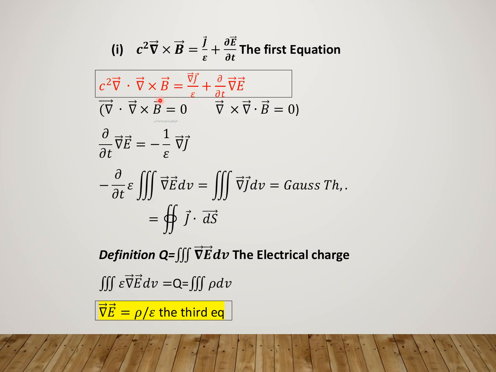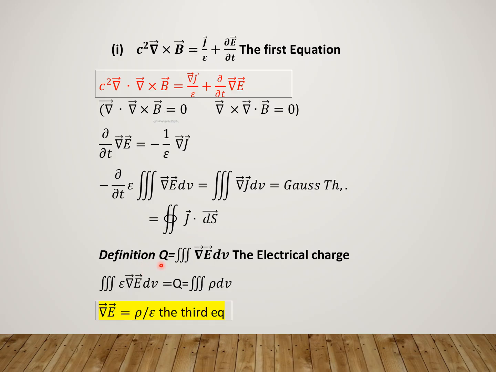Therefore, the left hand side is 0, and from the right hand side we get this expression. If we integrate this expression, we finally have this volume integral, and with the aid of Gauss theorem, this volume integral is transformed to this closed surface integral across the boundary surface S.